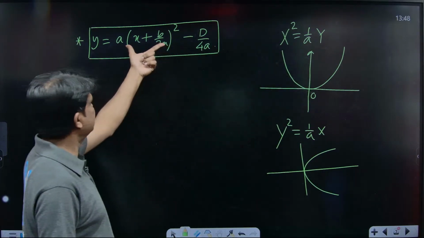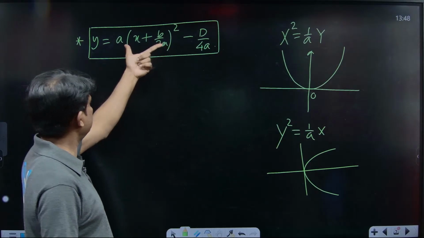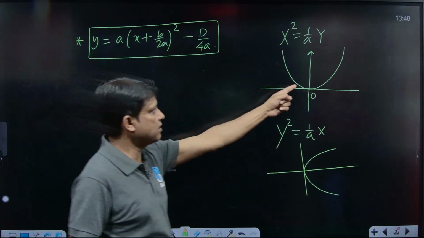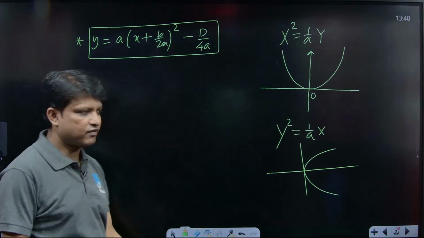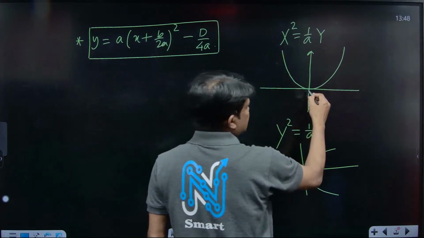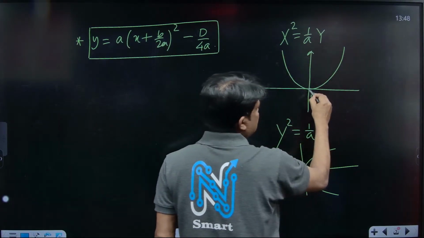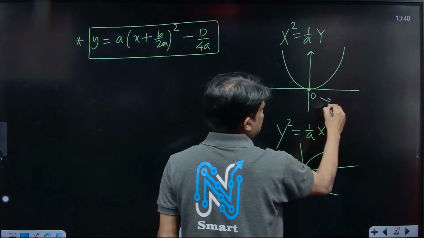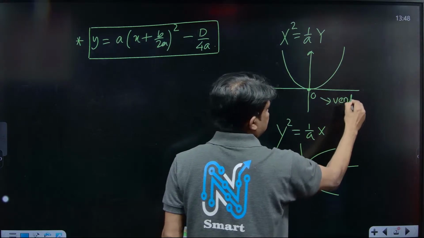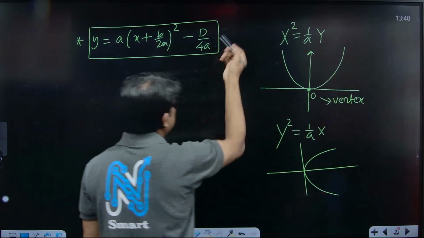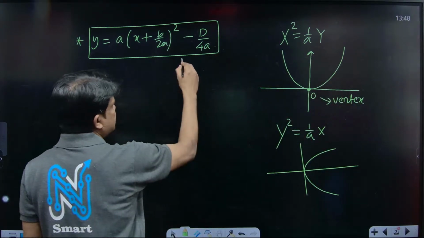Now this is the expression like that: (X expression) whole square equals y plus constant, this is the vertical parabola. Now what is the vertex? When capital X equals 0 and capital Y equals 0, the vertex is the origin of this form. Now what is the vertex of this parabola?